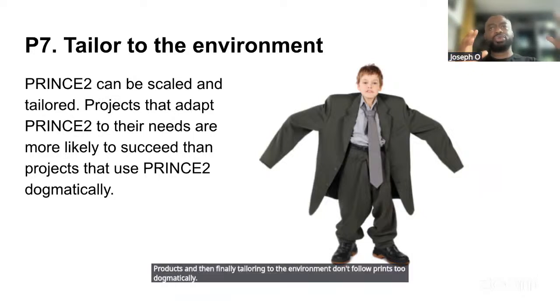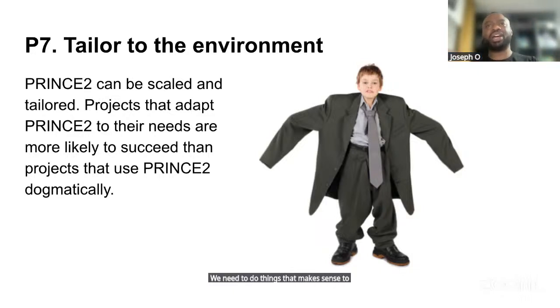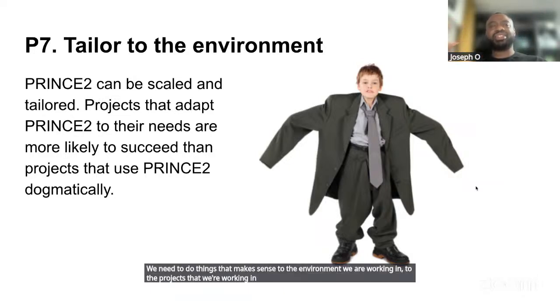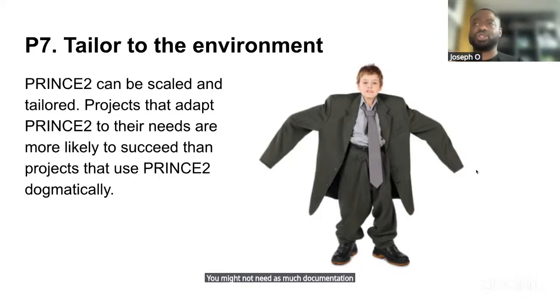We need to do things that make sense to the environment we are working in, to the project that we're working in. If it's a large scale regulatory project, a lot more documentation might be required. If it's something in your home, you might not need as much documentation, but still following the Prince 2 process.